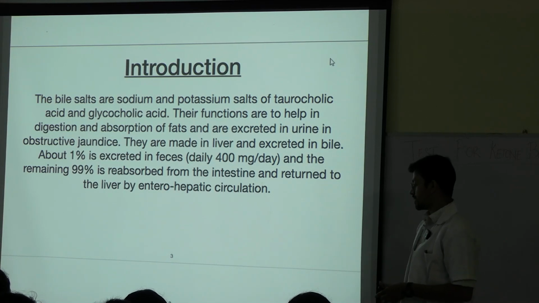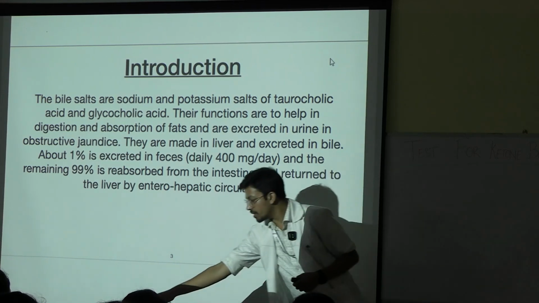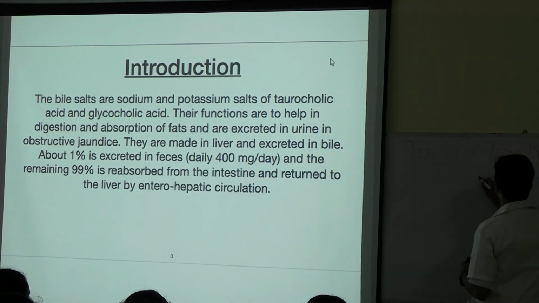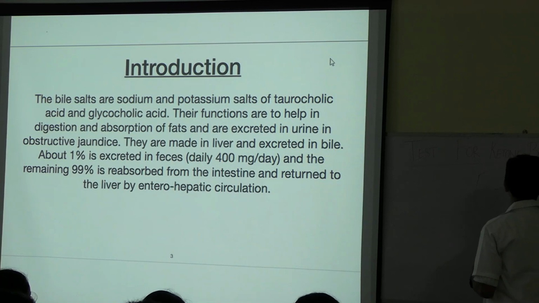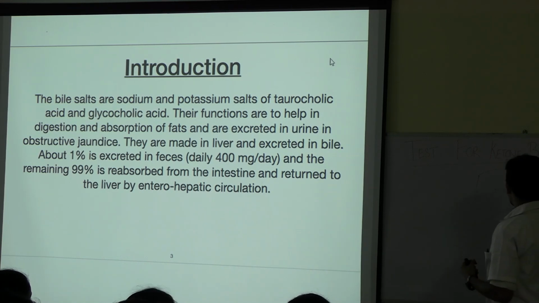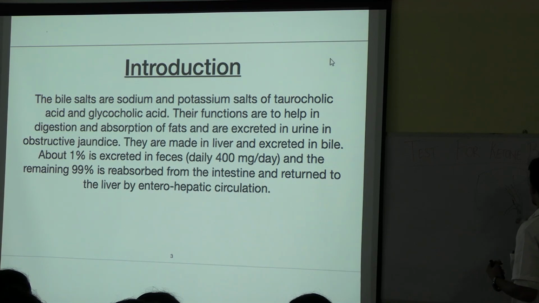What happens in obstructive jaundice, let me give you an image, you will have a better idea. Let's say this is the liver, and this is how the duct is coming, and this is the gallbladder. Now over here there is an obstruction. Because of this obstruction, the bile cannot come here, and from the liver also it cannot pass through.